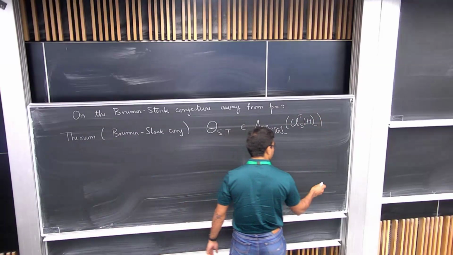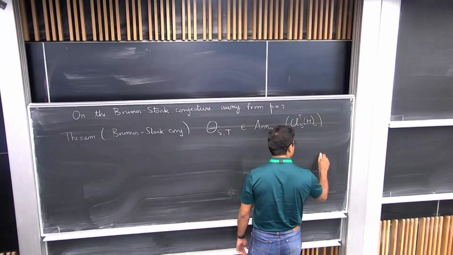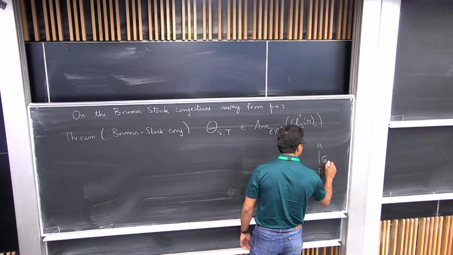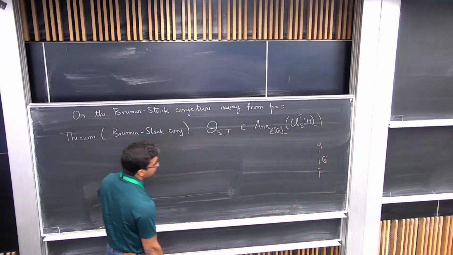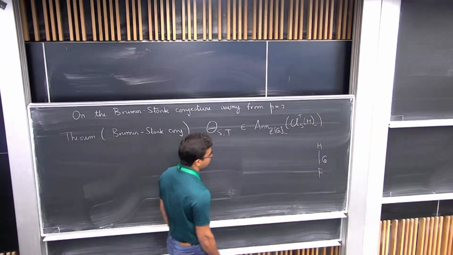Remember, F is a totally real field, H is a finite abelian CM extension of F, and G is the Galois group.